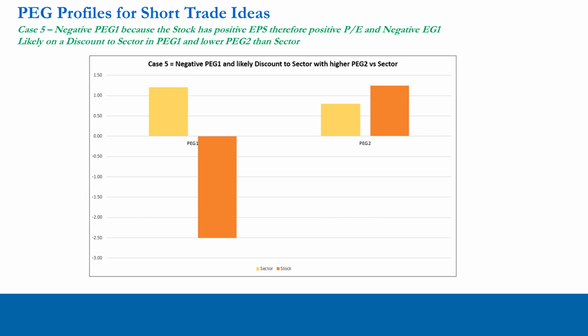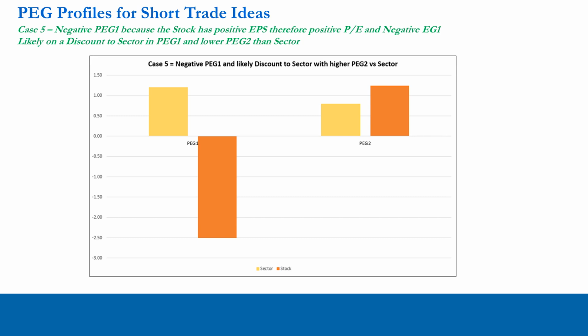So it's going to have a negative PEG 1. Now, in the second period, the backdrop is still that we have positive EPS, but we have positive earnings growth. And remember, in our example with case number 5, the earnings growth percentage number in period 2 was below the sector average earnings growth for period 2.